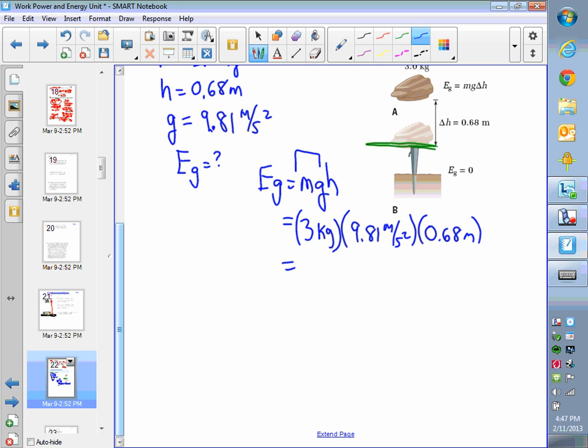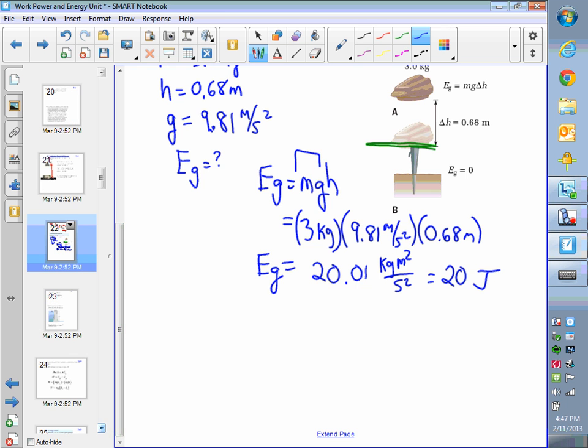So now if we grab the calculator, 3 times 9.81 times 0.68, just multiply them straight out, and you get 20.01. So pretty much 20 kilogram meters squared per second squared. So you get 20 joules. That's the amount of gravitational potential energy that's stored up in that object.